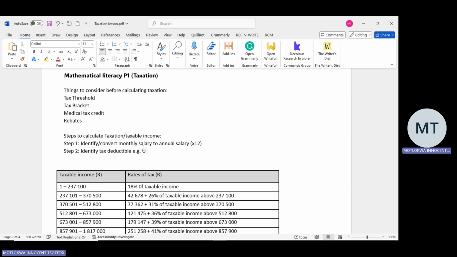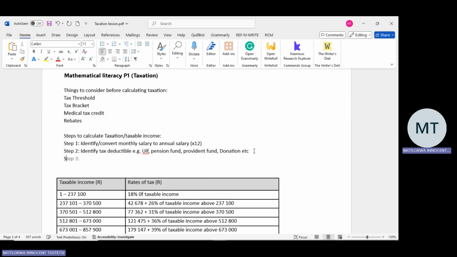Under fringe benefits, we have UIF, pension fund, provident fund, and lastly donations, etcetera, and many more if there are any fringe benefits. So these are the tax deductible items. Then we go to step number 3.